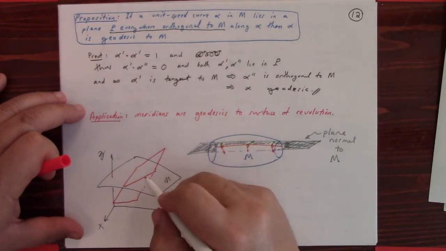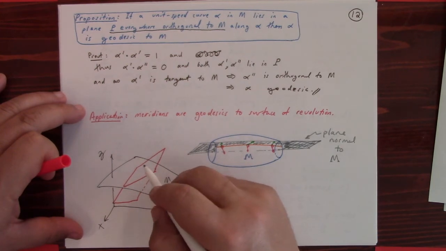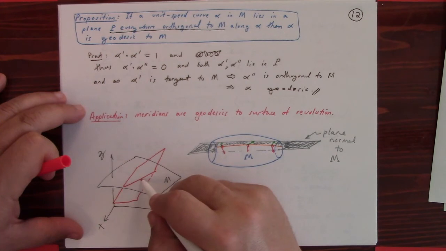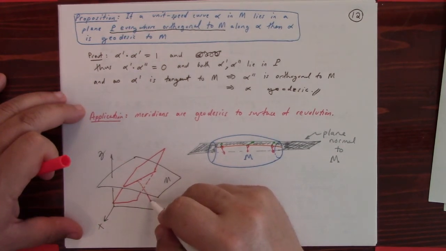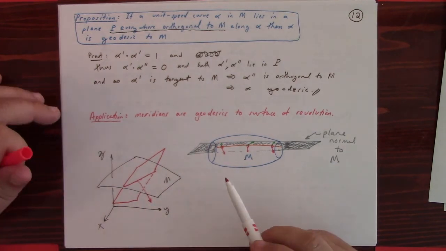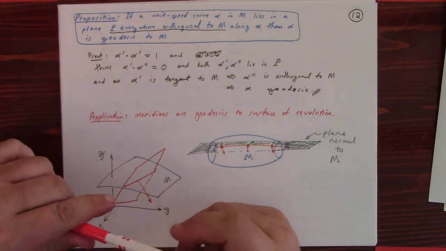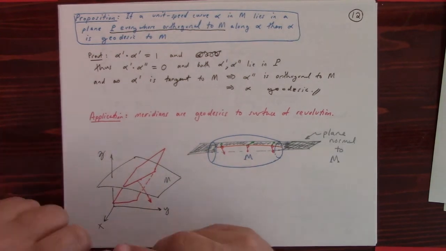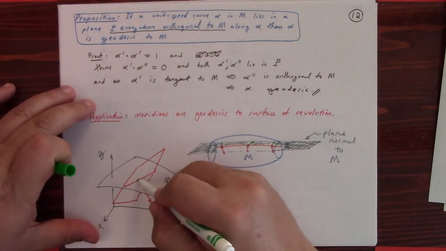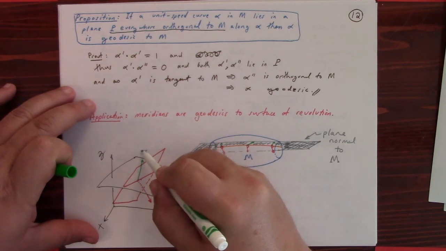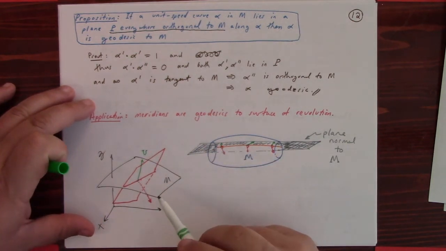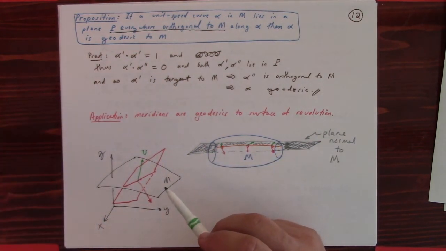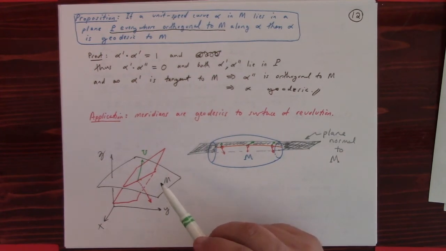The point is the normal to the plane is, as I'm drawing it, sort of under the surface, down here somewhere. I don't know if I'm doing it justice or not, but it's down there. And the normal to the surface, the unit normal, maybe is like this, right? So the plane in this case is not orthogonal to M.